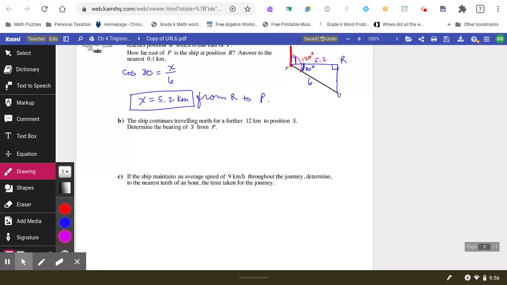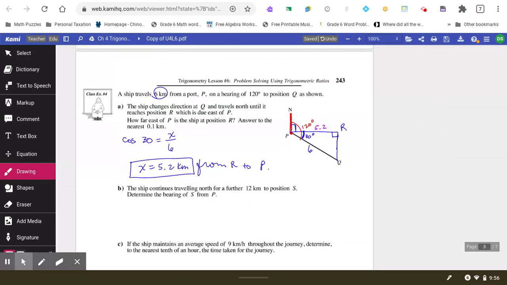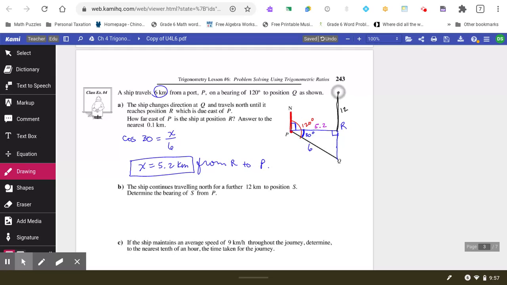It says the ship continues traveling north for a further 12 kilometers to position S. So it keeps going. 12 kilometers to position S. Determine the bearing of S from P. So draw your line from P to S. And I need to know the bearing there.